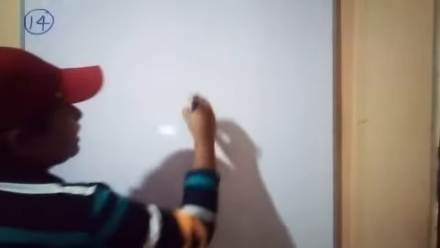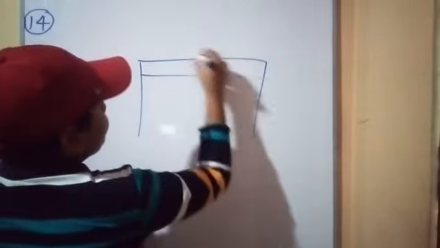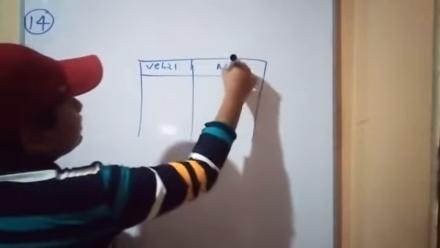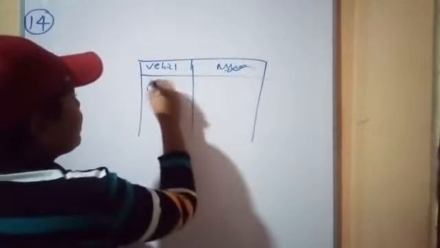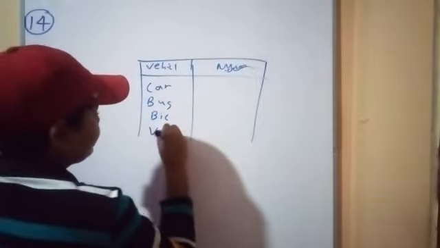Okay. Second one. Represent this data by a picture graph. What is a picture graph? Yes, picture graph. Now, say you have a table like this of vehicles, the number of vehicles on the road: car, bus, bicycle, van.